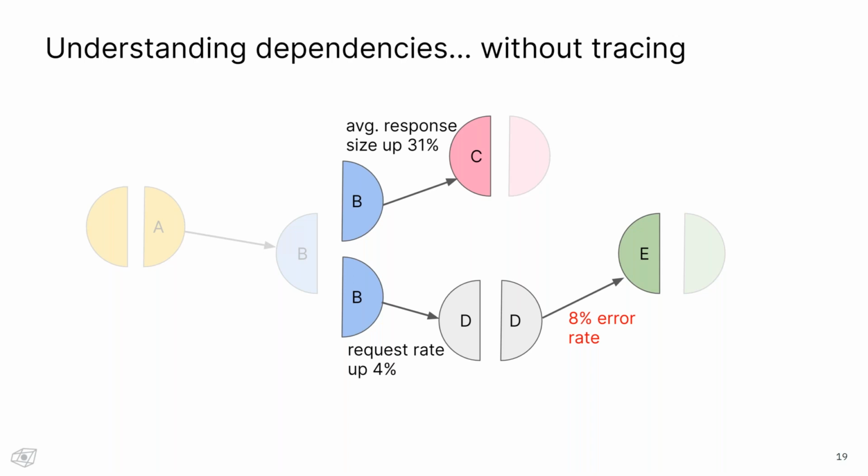Now, we could infer in this case that if D relies on that response from C, maybe something changed in C that is causing our downstream issue in E. And again, if you're just looking at metrics or logs, you'll see each individual part, but you won't see the whole. It'll be difficult, especially if all of these services are managed by different teams, to correlate that the problem in E is caused by this increased response size from C.